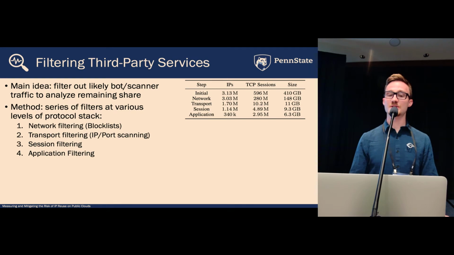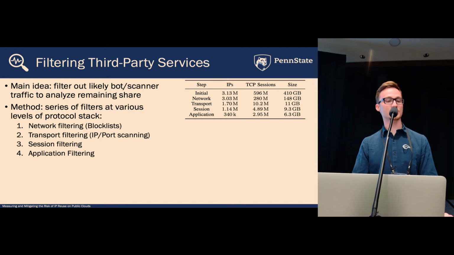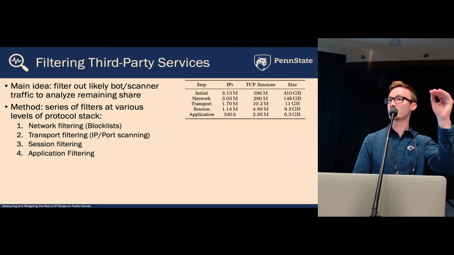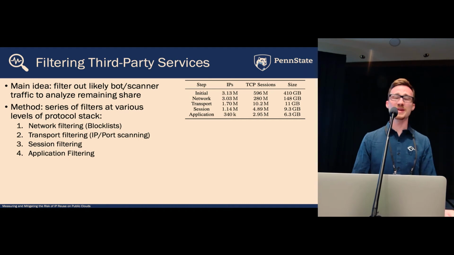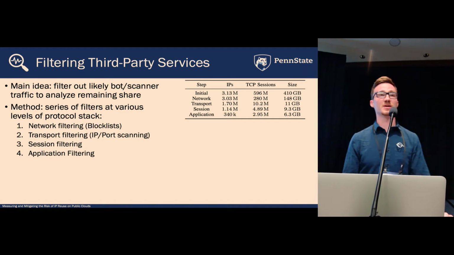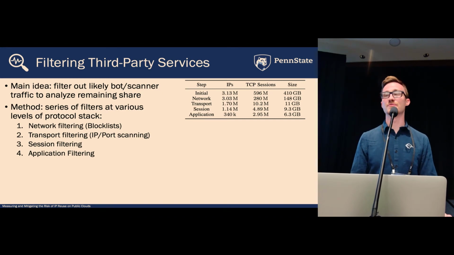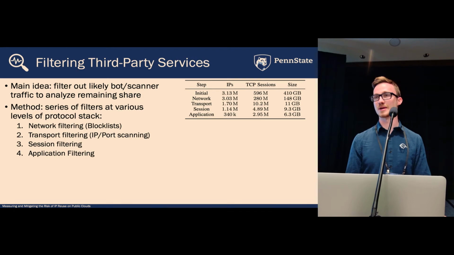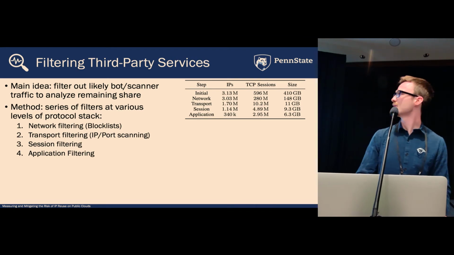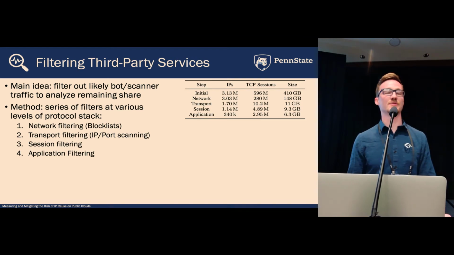To achieve this, we take advantage of a series of filters that operate at various levels of the protocol hierarchy. Now, due to the scale of the data we collected and the generality of our needed analysis, this required the development of new traffic filtering techniques that were sensitive to this specific measurement scenario, as we'll see. The first step that we took was network filtering using publicly available and vetted IP block lists.